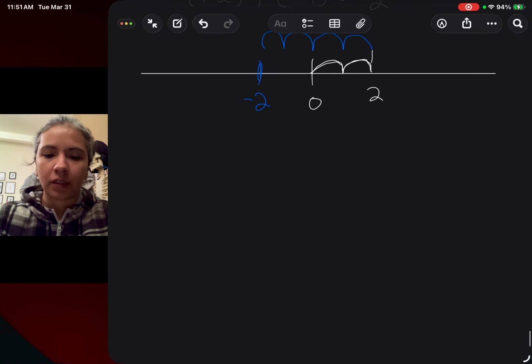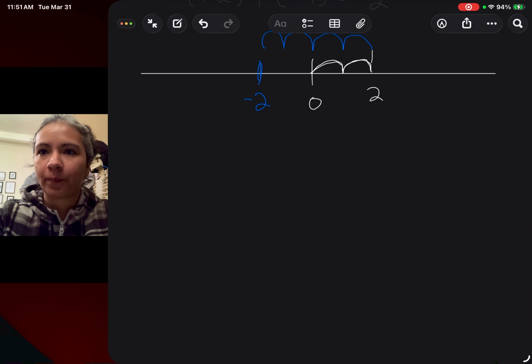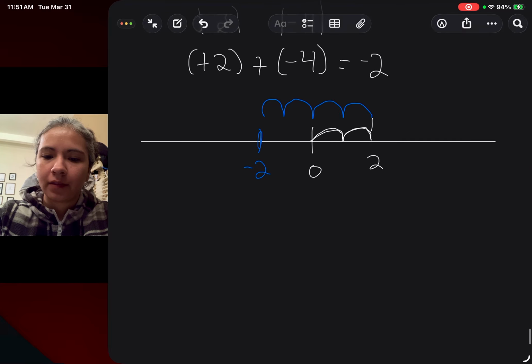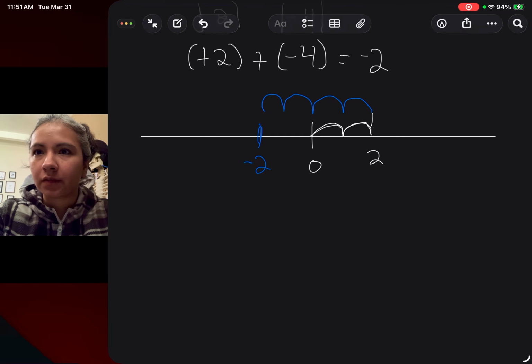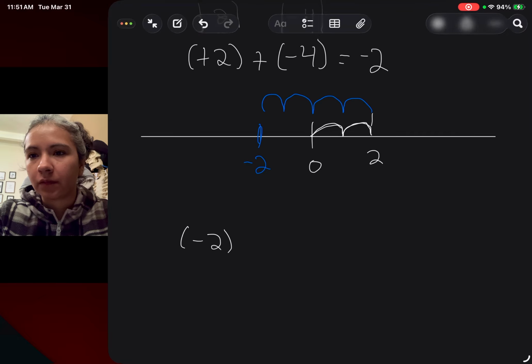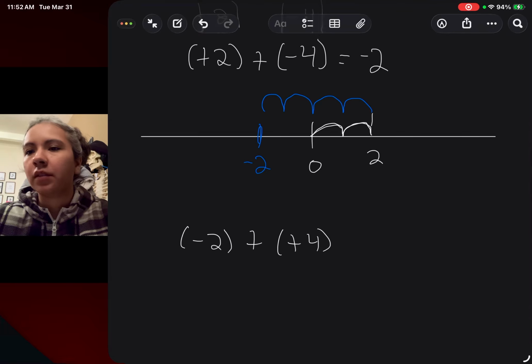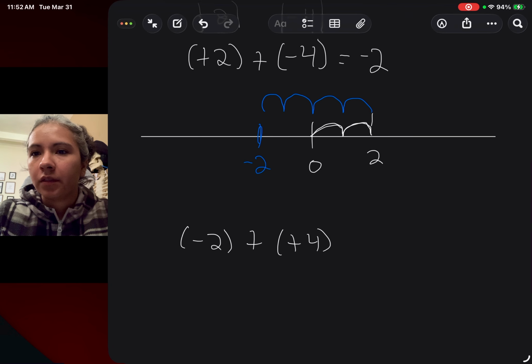Let's do another example. Let's just flip the signs. So let's do negative 2 plus positive 4. Let's do this without the number line.